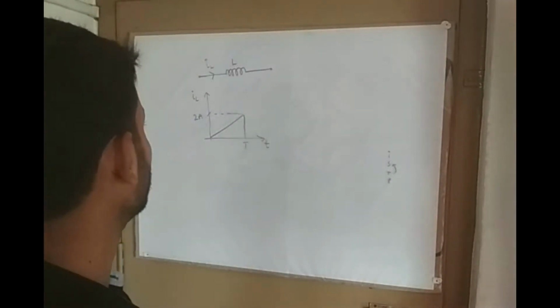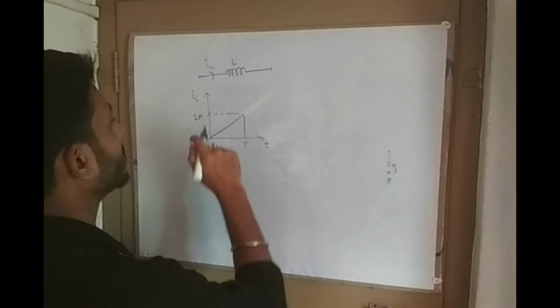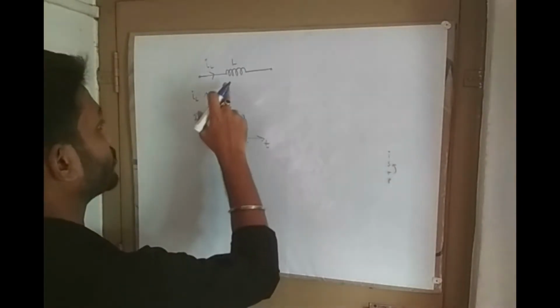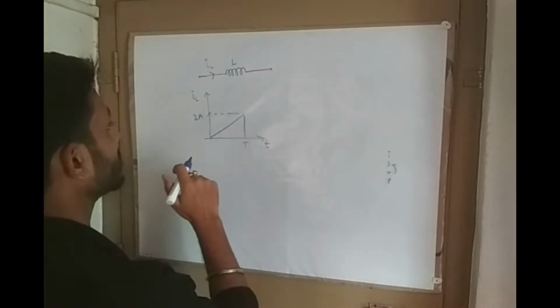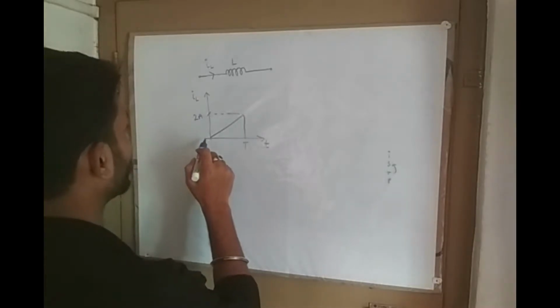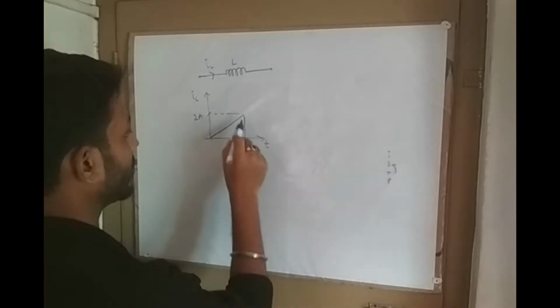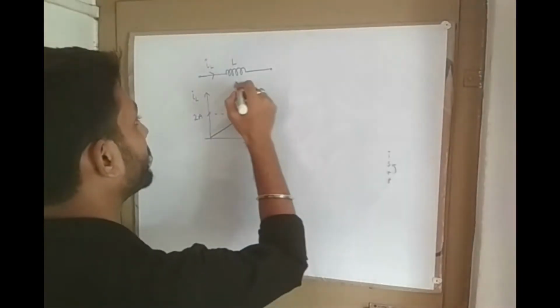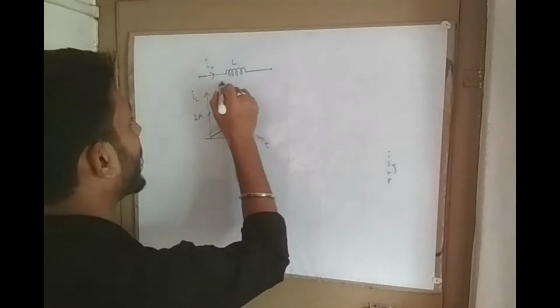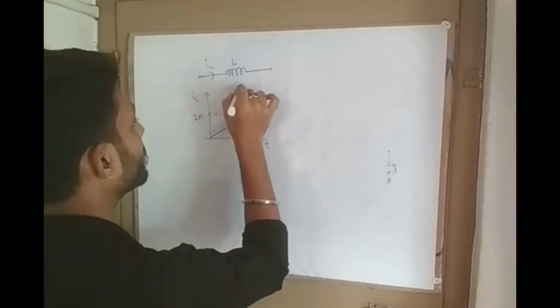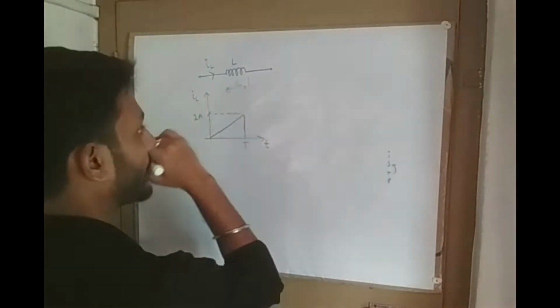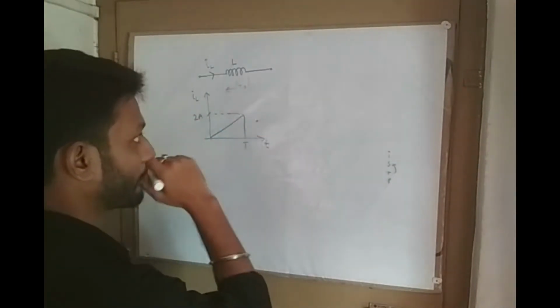In this question, the wave shape of IL is given like this, and we have to find out VL in terms of this wave shape.